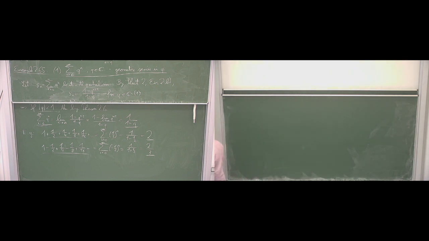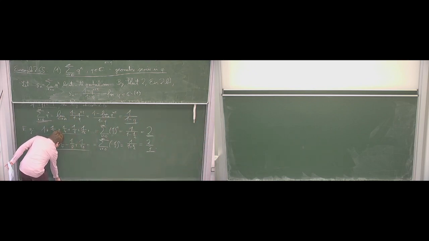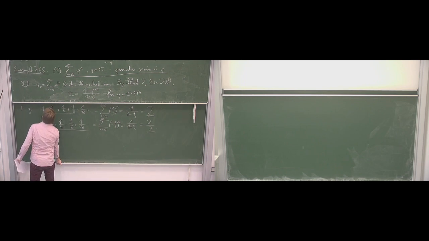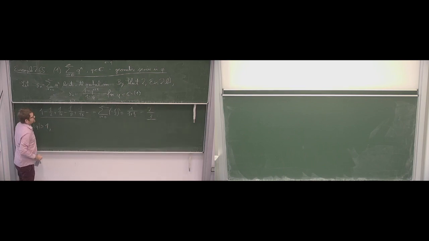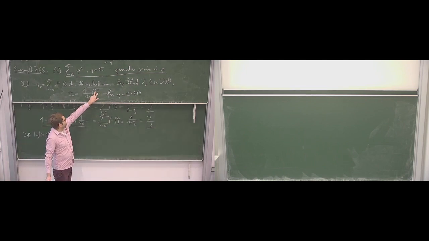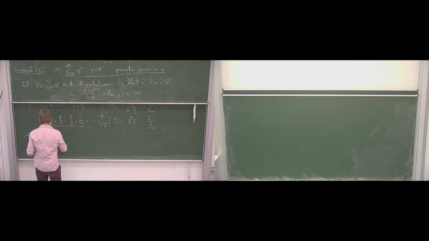Oh, sorry, I forgot one case that maybe I can squeeze in here. This was in the case that the absolute value of q is smaller than 1. And now the case that the absolute value of q is bigger than 1. Then we've seen that this sequence, which is part of the sequence whose limit we're taking, is unbounded, which shows that this whole fraction is unbounded. This is by example 2.11.